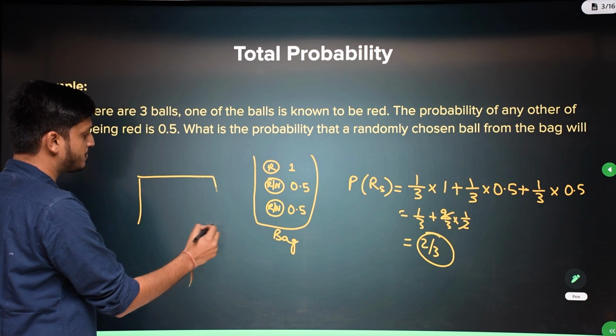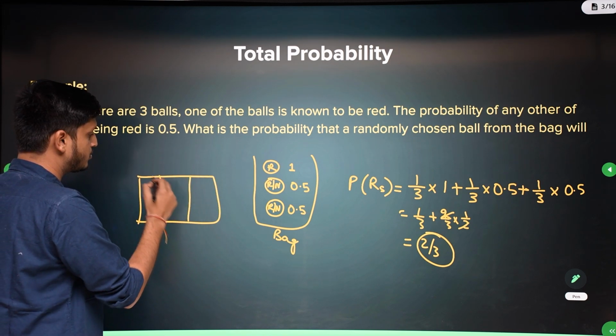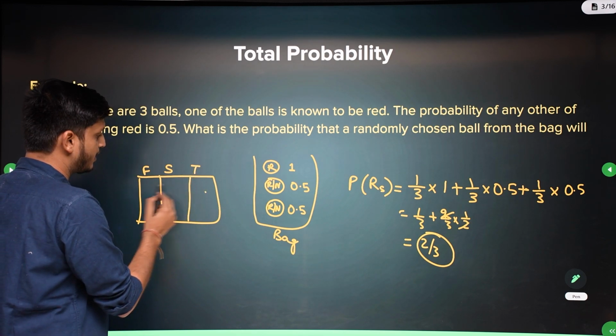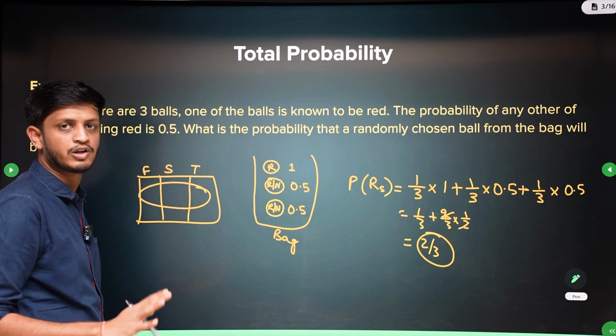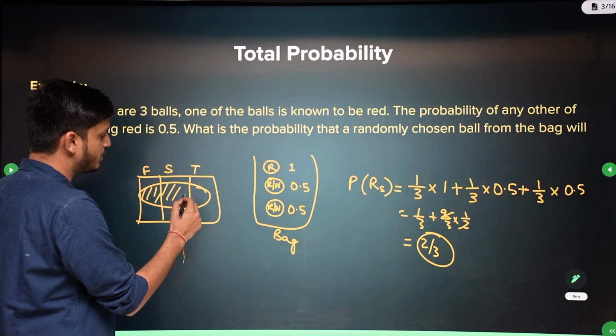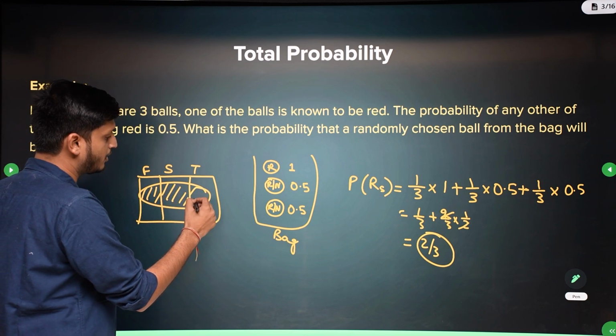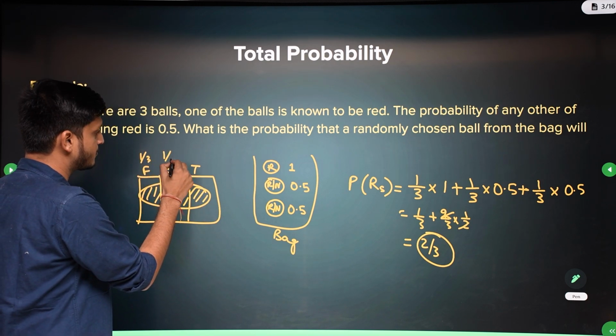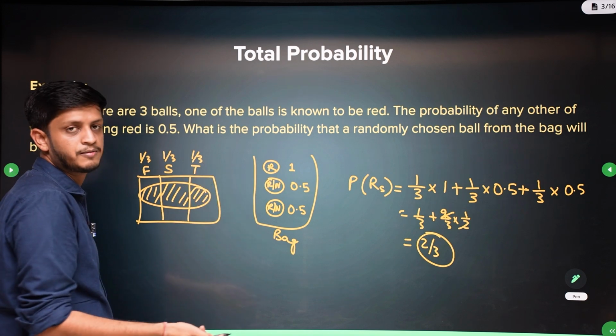So the entire sample space can be divided in 3 parts. You choose the first ball, you choose the second ball, or you choose the third ball. And this is our event, getting a red ball overall. So you can get a red ball given the first ball is chosen, you can get a red ball given the second ball is chosen, or you can get a red ball given the third ball is chosen. The probability of each of these 3 is 1/3, choosing the first, second or third ball.